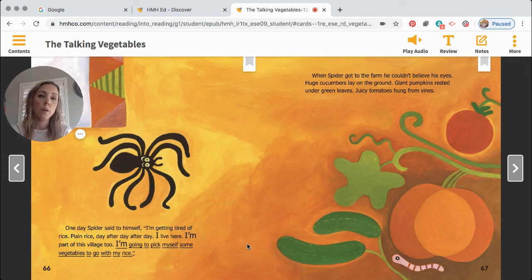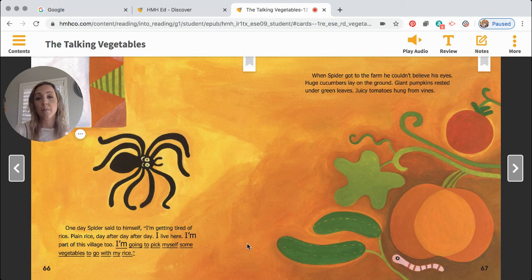What does he notice when he gets to that farm? What does he see? Go ahead and share with the person sitting next to you. What does he see once he gets there? Yeah, he sees this amazing farm, right? He says that he couldn't believe his eyes. He sees huge cucumbers laying on the ground, giant pumpkins resting under these beautiful, gorgeous green leaves, right? These really juicy tomatoes hung from vines.